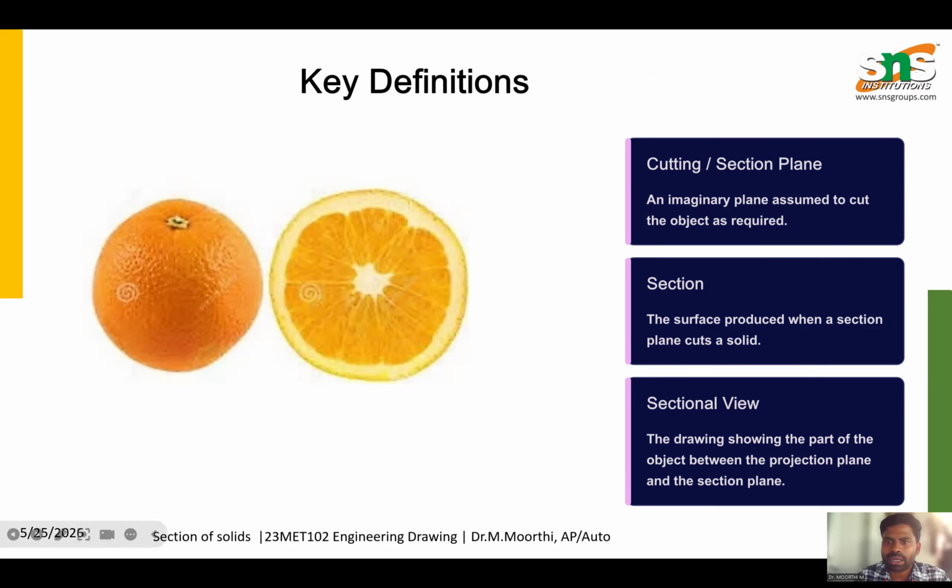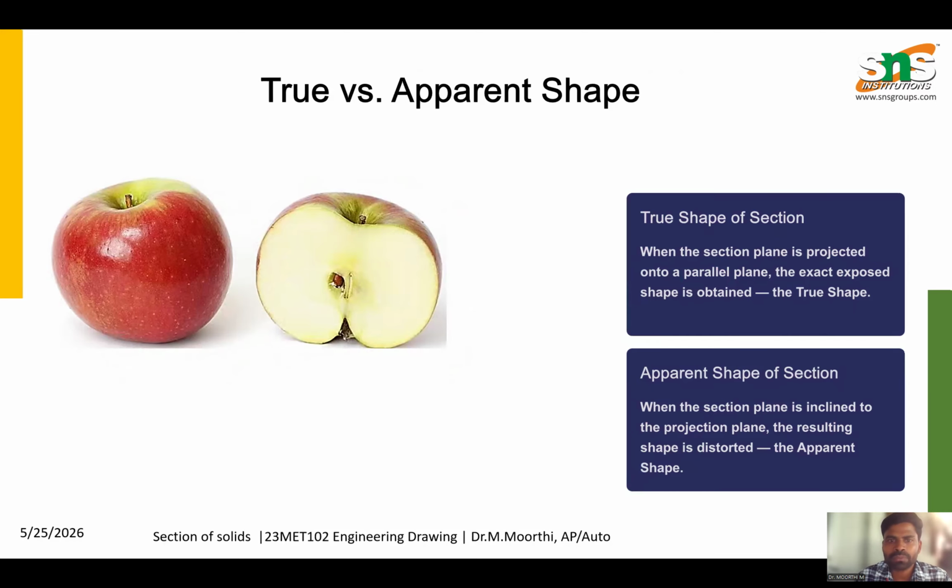Here we have some basic terms: cutting plane and section plane. The cutting plane is the imaginary plane used to cut the object with respect to the axis or base. A section surface is produced when the section plane cuts the solid, and the view we visualize after making the section is called the section view.